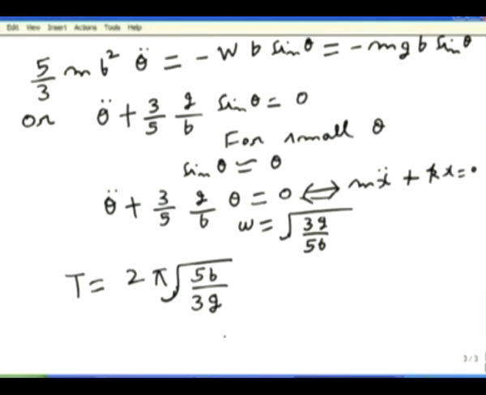So that means the larger the size of this plate, the more time is required. So this is about this.